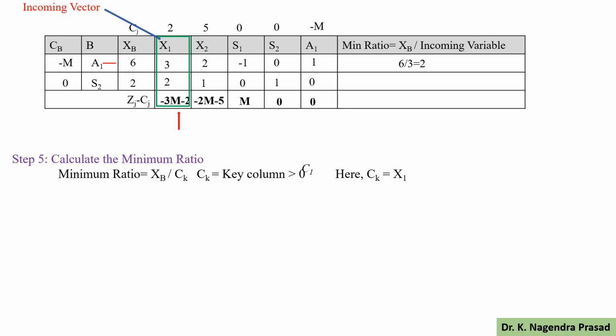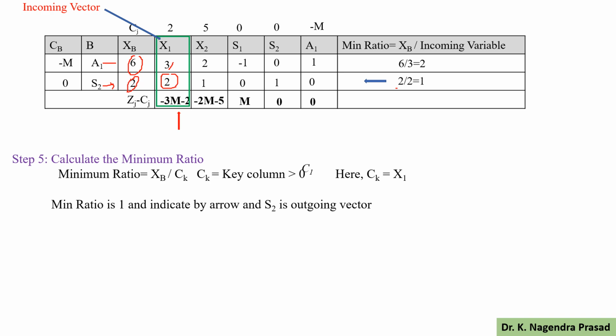For the A1 row, the XB value is 6 and the incoming variable coefficient is 3. So 6 by 3 equal to 2. Next the minimum ratio for the second row, that is the S2 row. Here the XB value is 2 and the incoming variable coefficient is also 2. So it is 2 by 2 equal to 1.